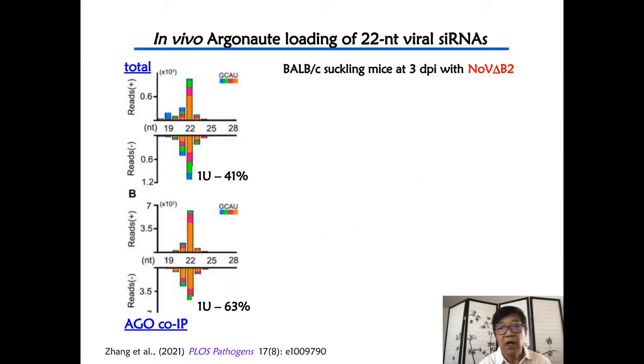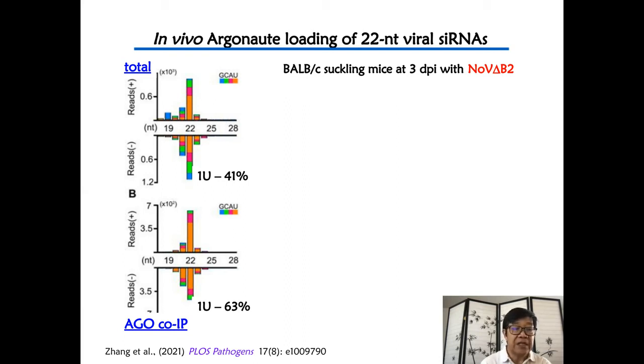In a recent paper published jointly with Yang Li's lab in PLOS Pathogens, we compared the population of viral siRNAs sequenced with or without Argonaute co-immunoprecipitation.